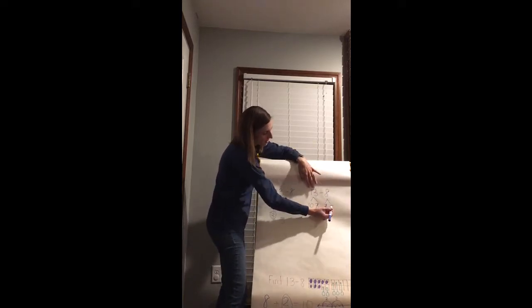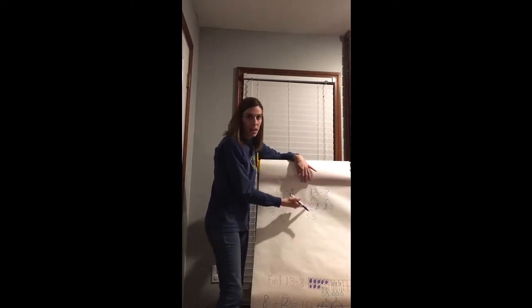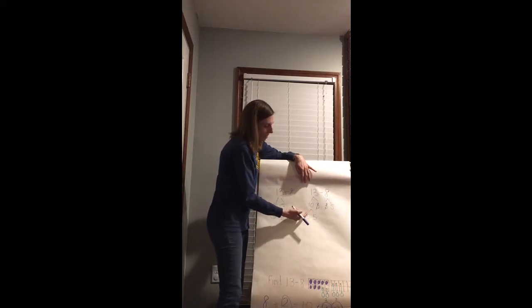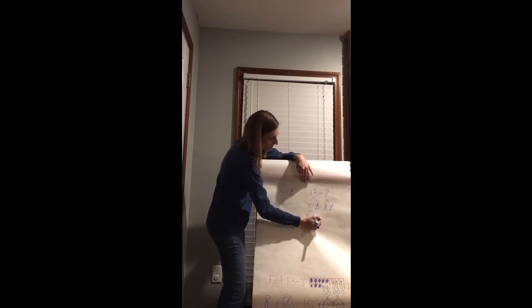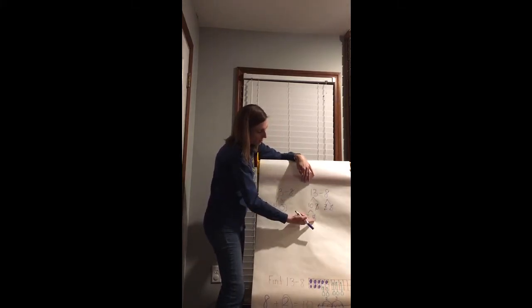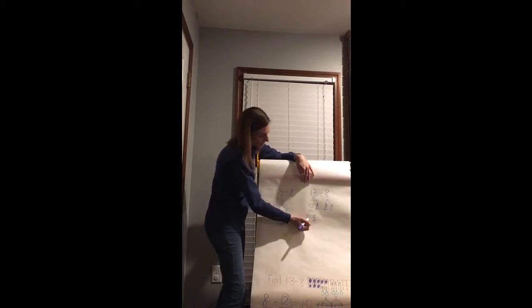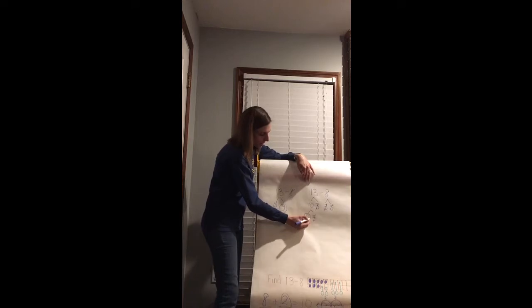So now I need to take the 5 away, and kids with a good understanding of 10 are going to immediately know that 10 is 5 and 5. So they can decompose 10 to 5 and 5 and take away the 5 over here. So taking away the 5 from the 8, from this 5 from the 10, and that's going to leave me with 5 and then nothing over here. So I'm done. So my answer is 5.